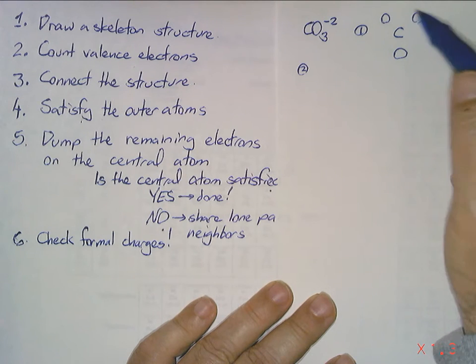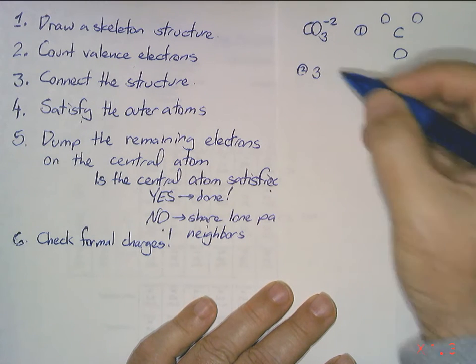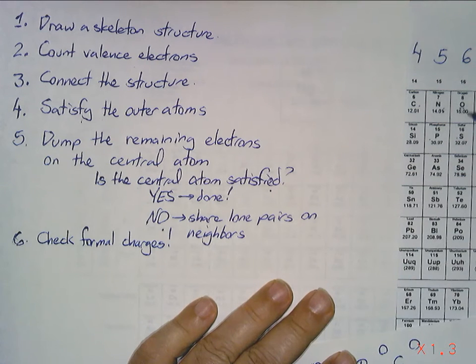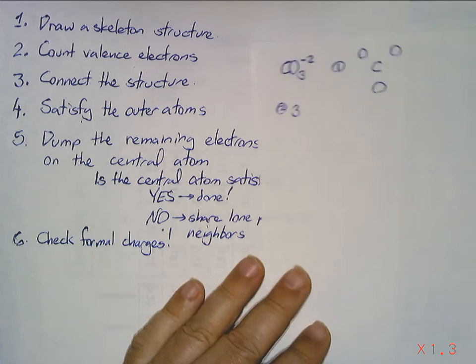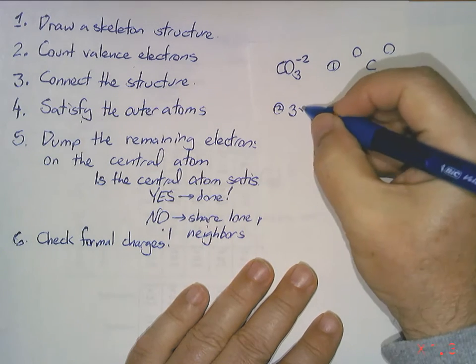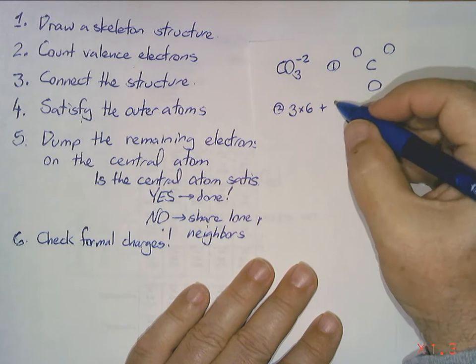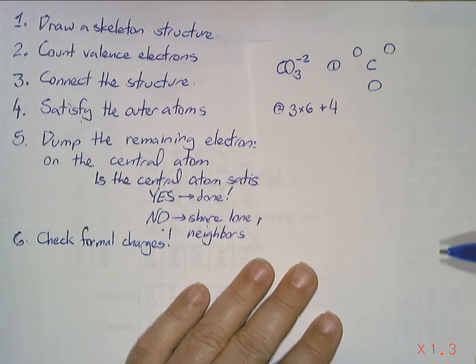Well, let's see. I have 3 oxygens. How many valence electrons does each oxygen have? Look at your periodic table. Oxygen is in the column with 6 valence electrons. And now for carbon, it's in the column that has 4 valence electrons.